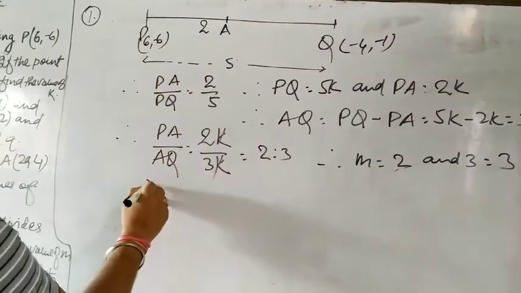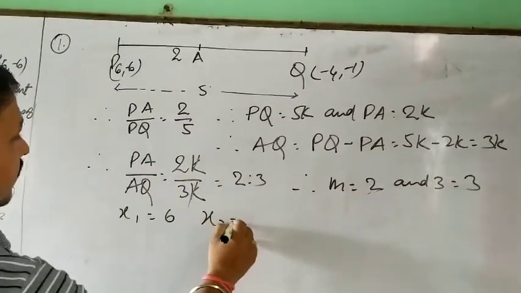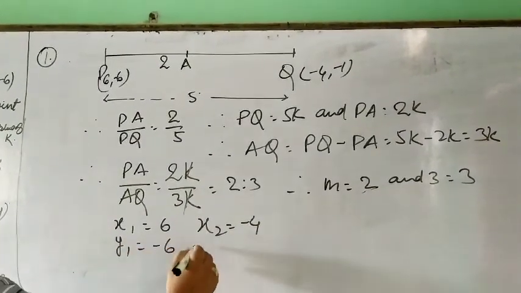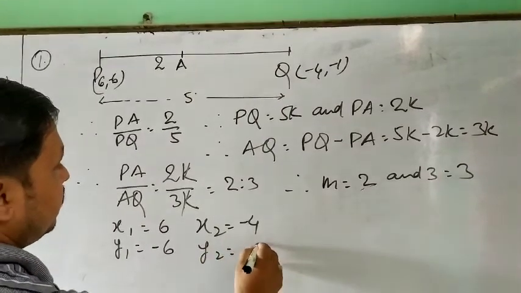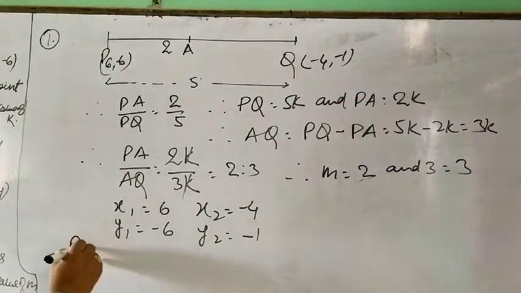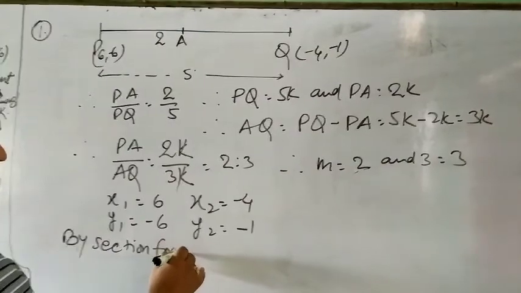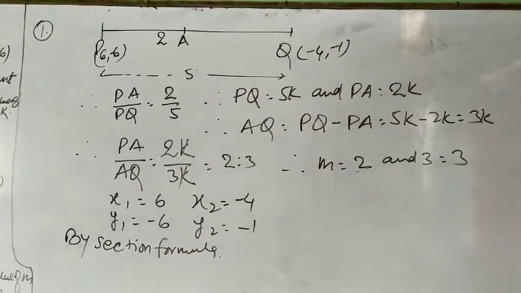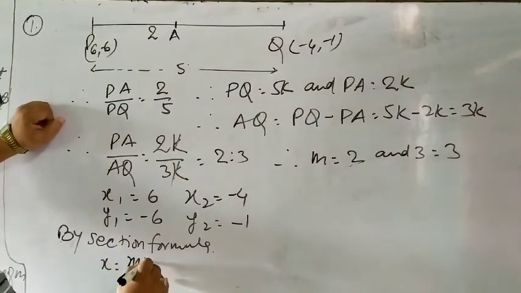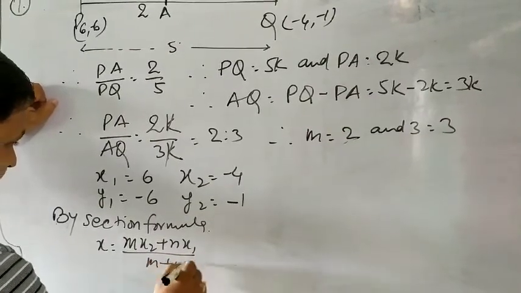Here x1 equals 6, x2 equals -4, y1 equals -6 and y2 equals -1. By section formula, we can take x equals (m x2 plus n x1) by (m plus n).